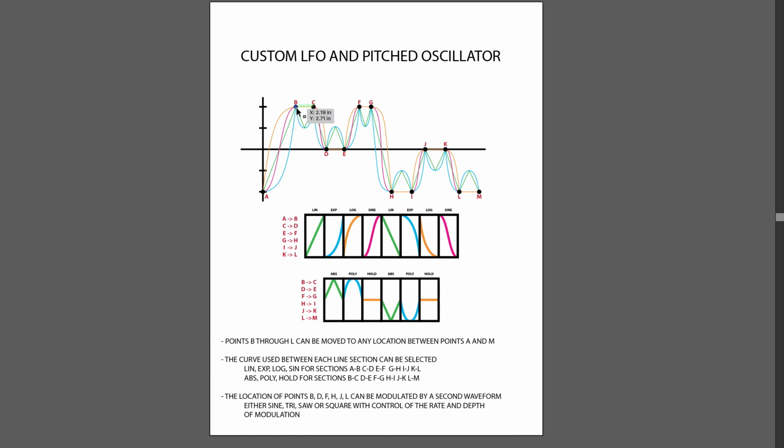So points B, D, F, H, J, and L, basically every other point, you can turn on modulation for those, so their points will slide between the neighboring points, so like for B, it would go from a leftmost value of A to a rightmost value of C, and you have control of that depth as well as the rate and the waveform that it's used. So you can have a sine, tri, saw, or square wave for those.